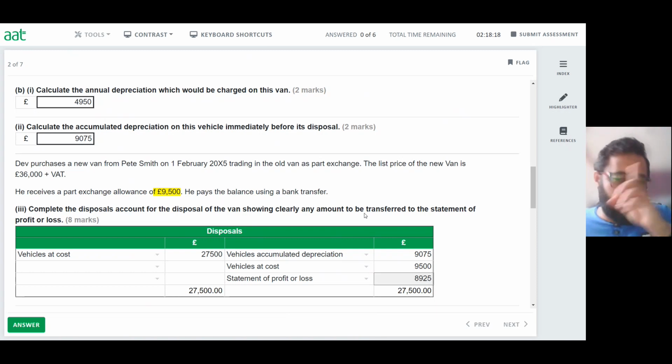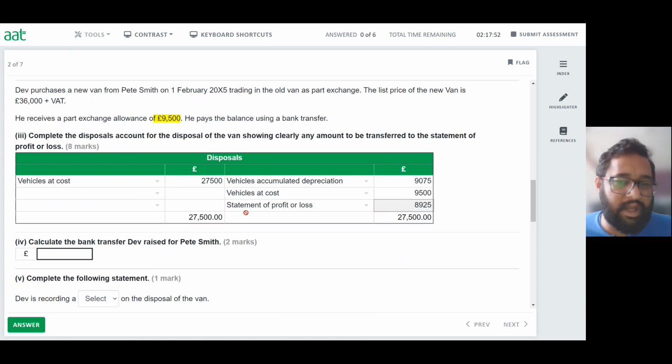So this amount is the one we had to consider as this is going towards the cost of the disposal, which means this is the loss on disposal. My vehicle at cost is not covered by the accumulated depreciation and the part exchange value, because this is the amount we are losing out when we are disposing of this asset.